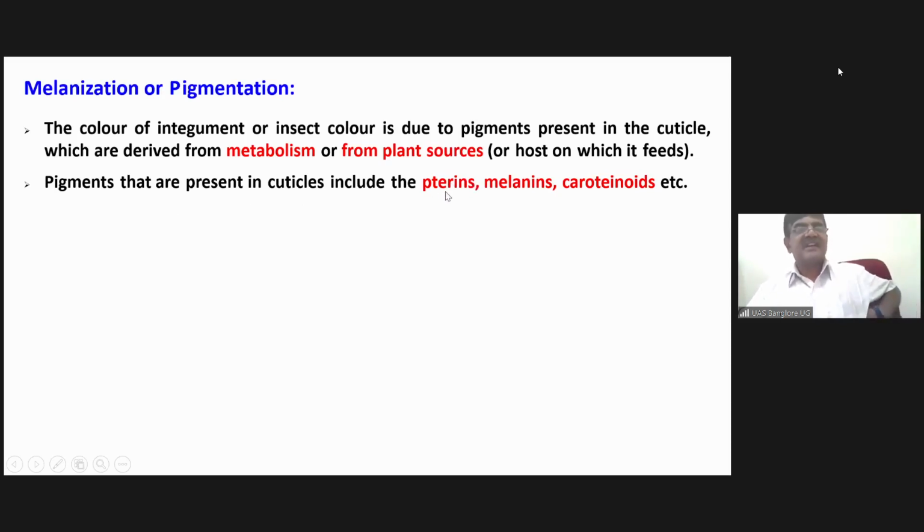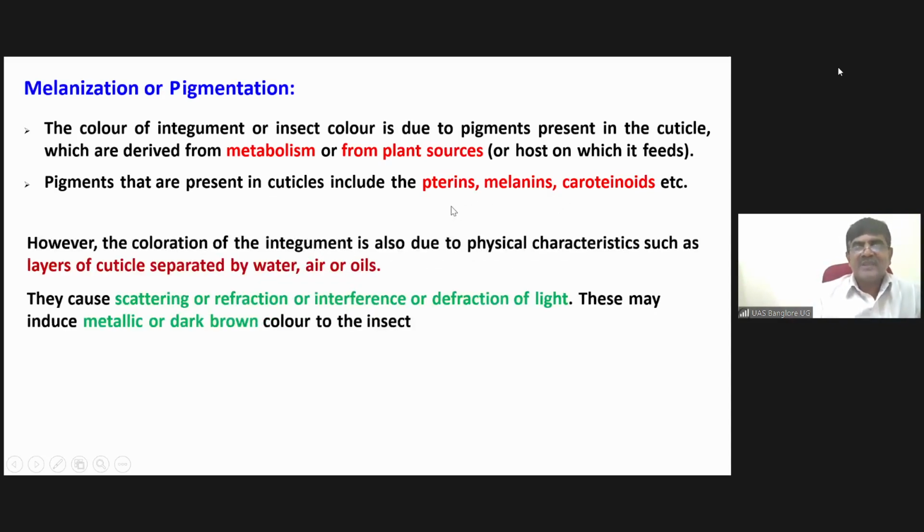The pigments present in the cuticle include pterins, melanins, and carotenoids. These different pigments impart different colors to the insect body.